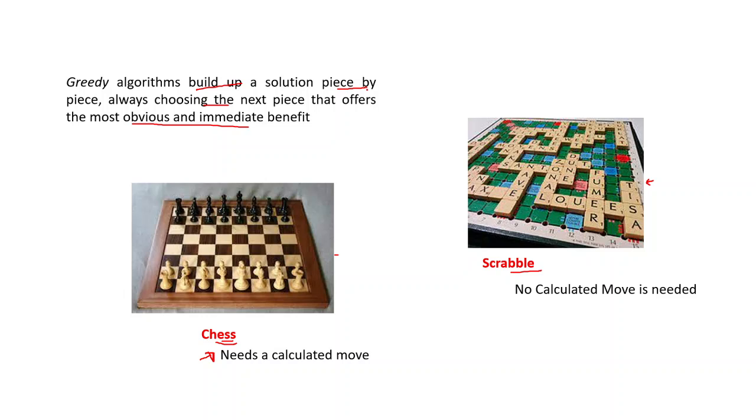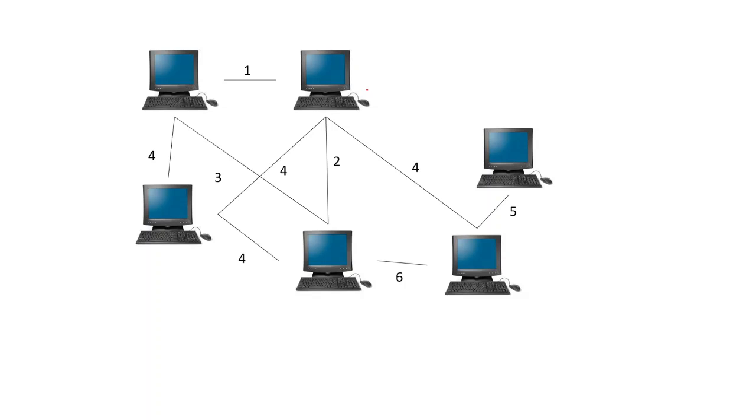So in this case, you might say that turn by turn, it chooses the best move that will ultimately help you win the game. If we look into a more practical problem, say you have 6 computers and you have to maintain a network among them, that is, you're linking these 6 computers together, and every link has a certain maintenance cost.